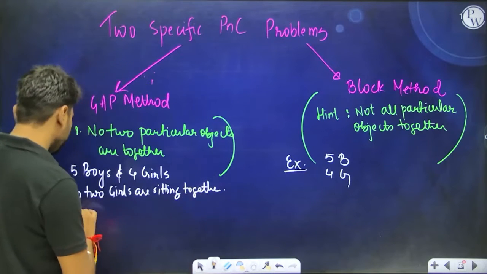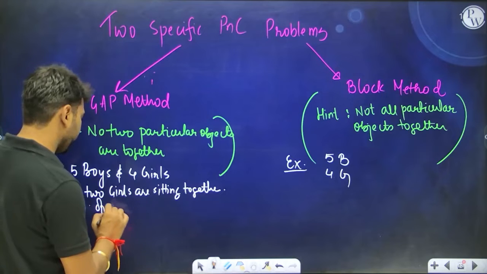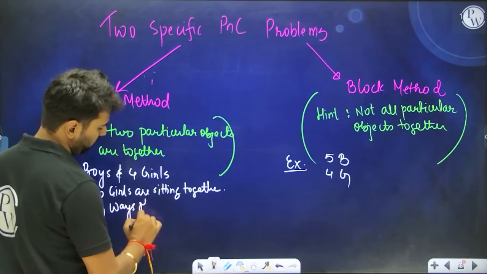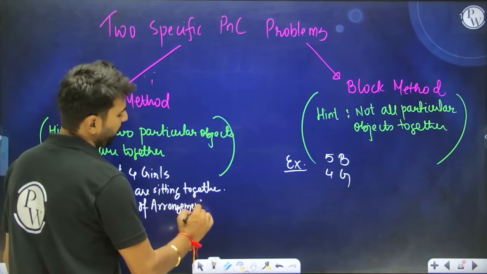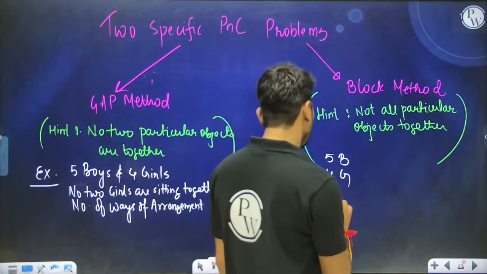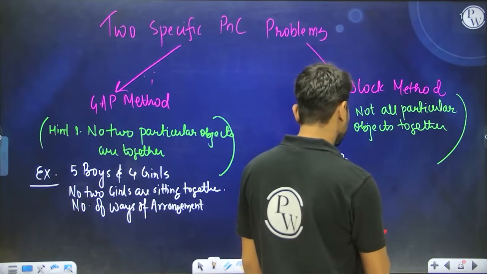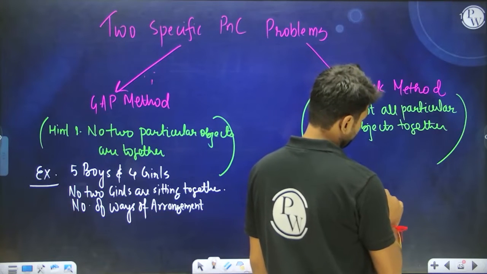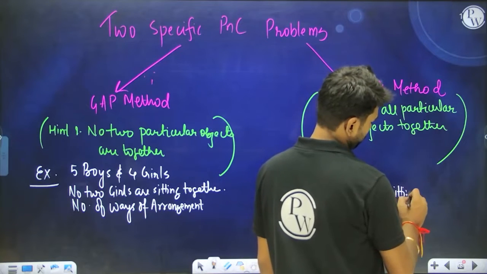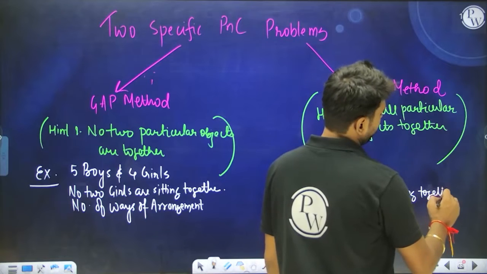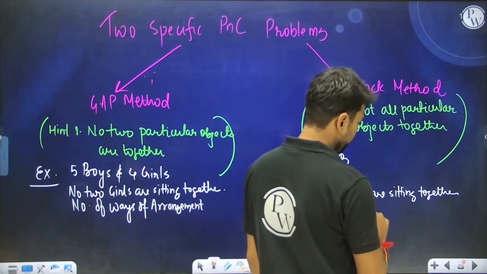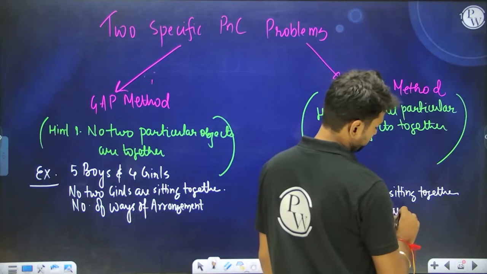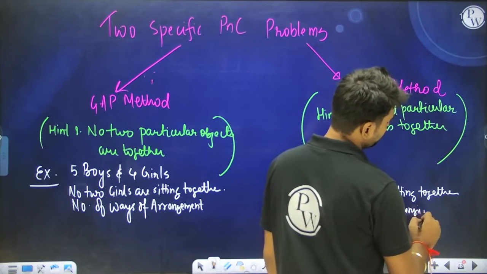Number of ways of arrangement will be what? And over here the problem will be like this. All girls are sitting together. Number of ways of arrangement will be what? Can you understand the difference? Yes? Okay.